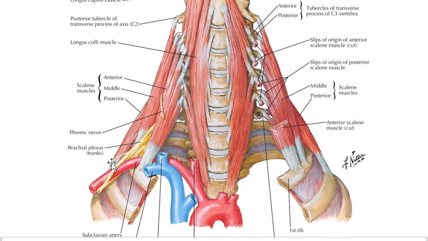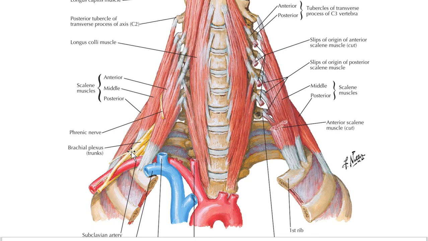Most of the MBBS students who are familiar with the upper limb know what I'm talking about. But for the BDS students who don't have any idea about the upper limb and its nerve supply and its structures, this is the brachial plexus.